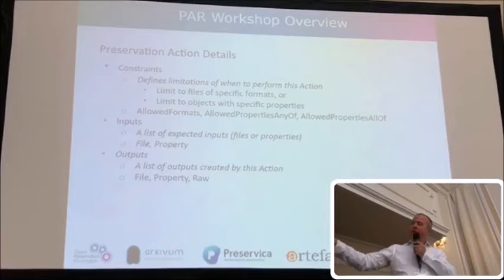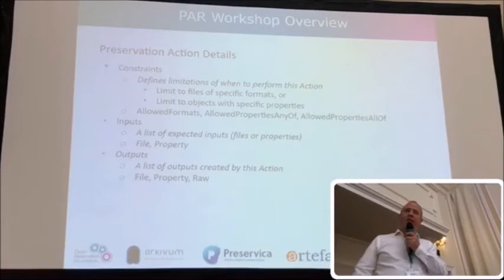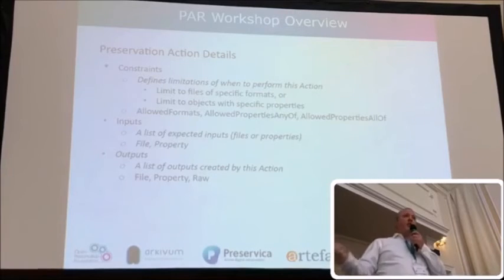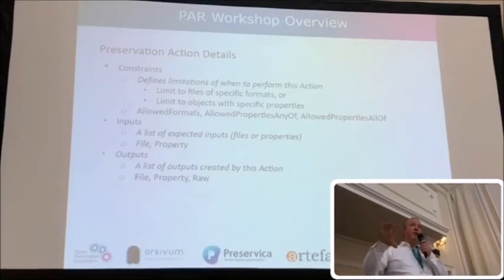And then for outputs, we recognize that sometimes a preservation action generates a new file, so you generate a derivative of some kind. Sometimes the output is properties, so when you're doing metadata extraction, you get back specific properties. And sometimes what you get back is what we call raw, which is effectively whatever the tool output happens to be.